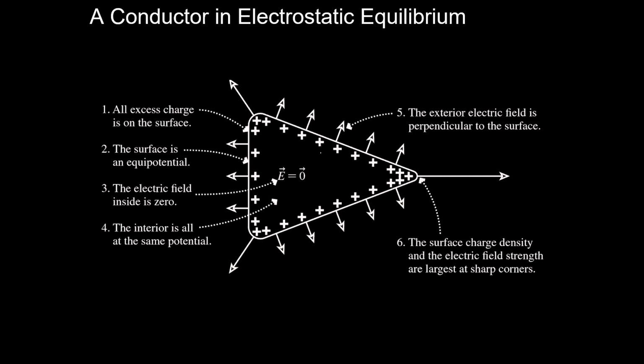The moderately blunt corners on the left-hand side have less charge, and on the flat surfaces, it's very spread out. So that means the electric field is going to be largest at the sharp point on the right, still perpendicular. The electric field is going to be smaller at the corners, and it's going to be the minimum on the flat surfaces, because the flat surfaces have the smallest curvature.